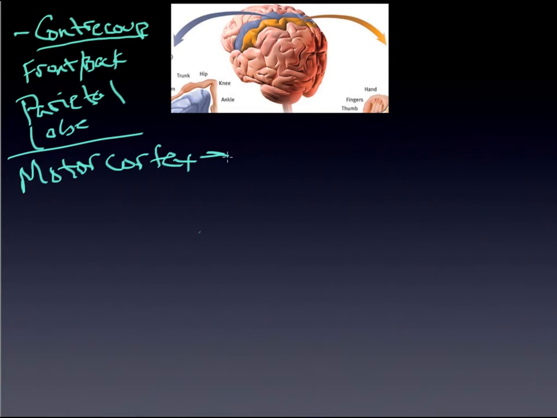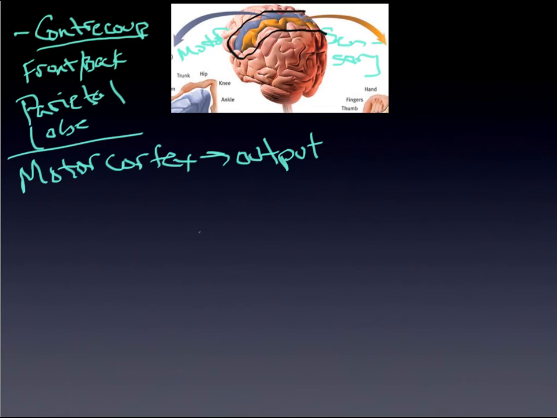And if you remember, when we talked about neurons that fire together, wire together, the motor cortex and the sensory cortex, this is the motor over here, and in the yellow is the sensory, they're literally right next to each other, and because of that, they tend to wire together because they fire together.